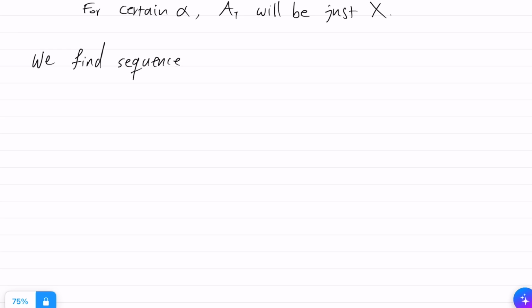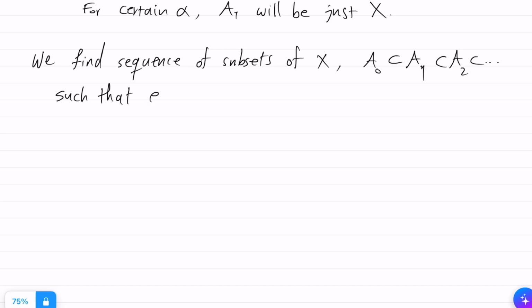We find a sequence of subsets of X such that, this sequence A0 and A1 were chosen above, and then there will be A2 and so on for every natural number, such that each An is alpha to the -n separated.